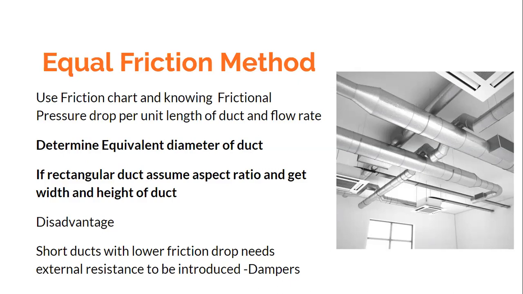If you are putting in the dampers, then the friction drop would be balanced. The total friction drop would be taken care of. Because without that, the fan would have a difficult time flowing the air where the resistance is small, and flowing this air where the resistance is large. The same fan catering to two different resistances is not possible.